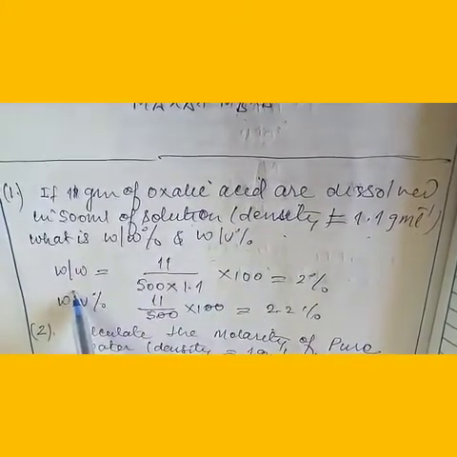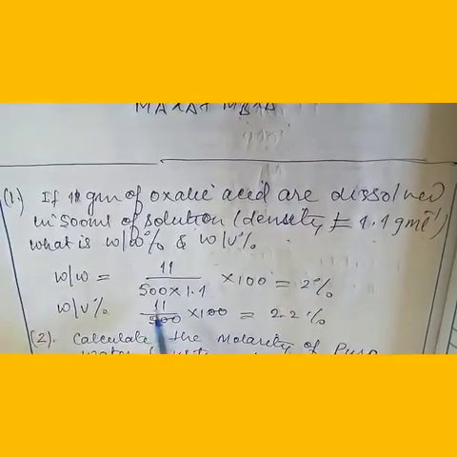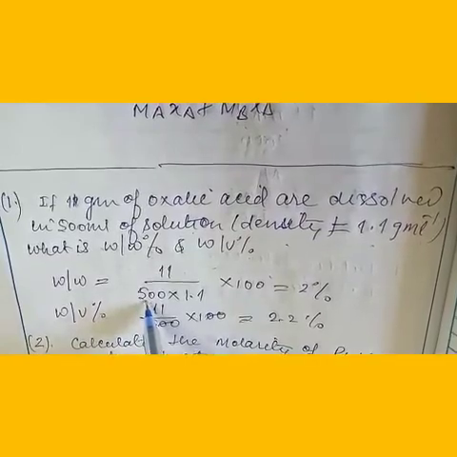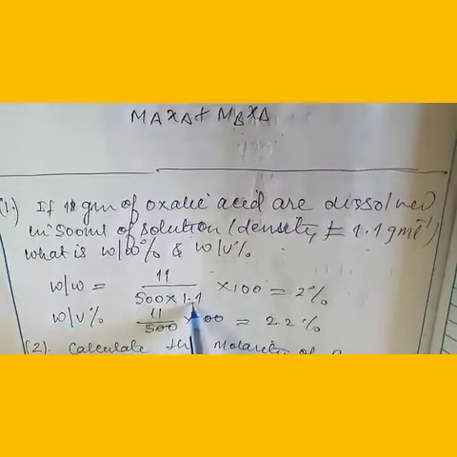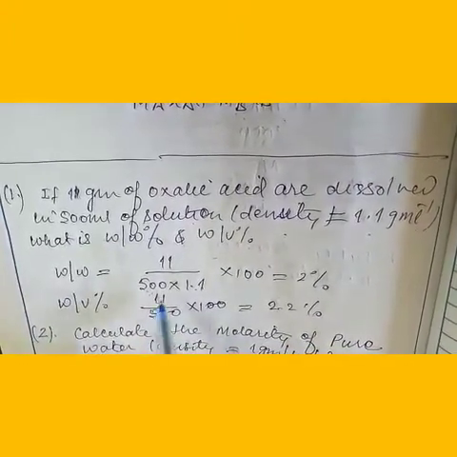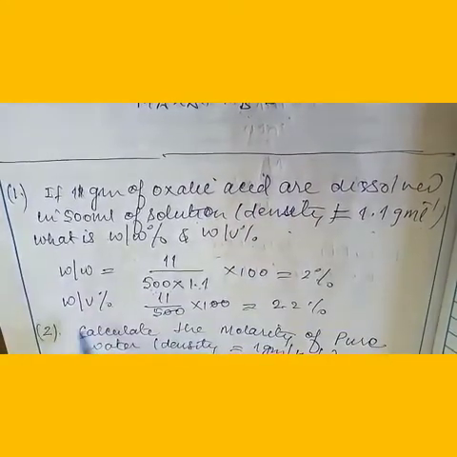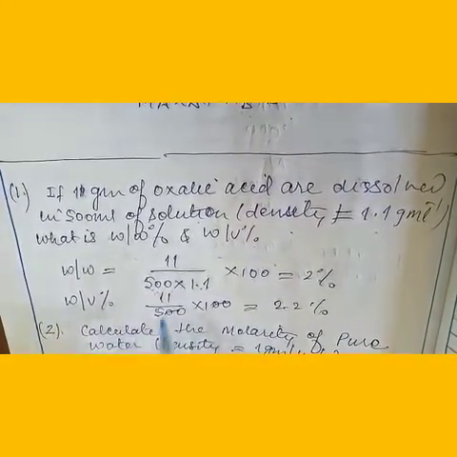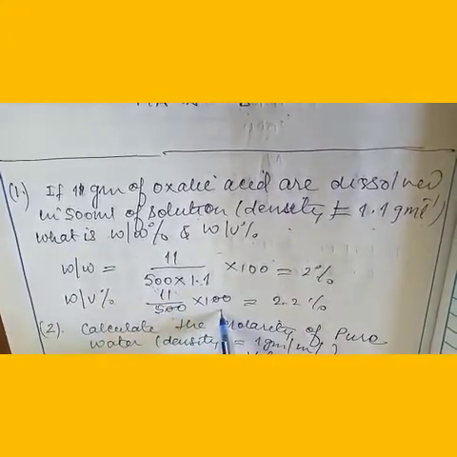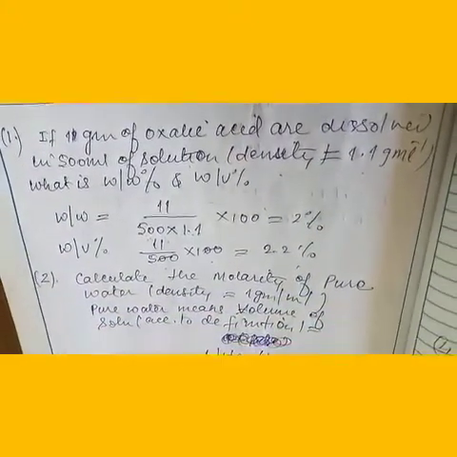So weight/weight percentage: weight of solute is 11 gram, and for the solution, 500 is volume and 1.1 is density. In this way we find weight of solute upon weight of solution into 100. So this comes to 2%. After that weight/volume percentage: 11 is weight upon 500 volume into 100. Then the weight/volume percentage comes to 2.2%.